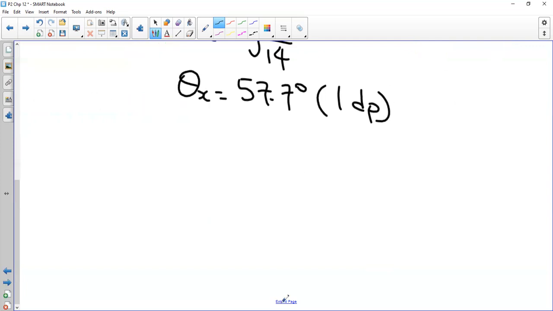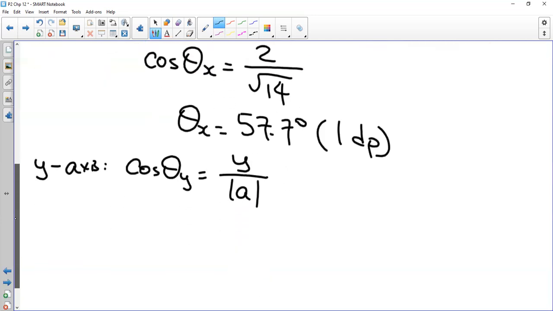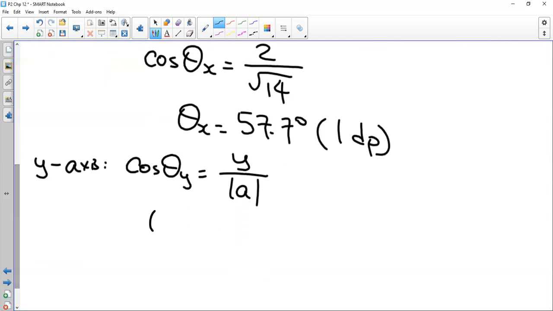So that's for the x-axis, now the y-axis. Cos theta y equals y over the magnitude of A. So theta y equals cos inverse of the y value, which is -3.